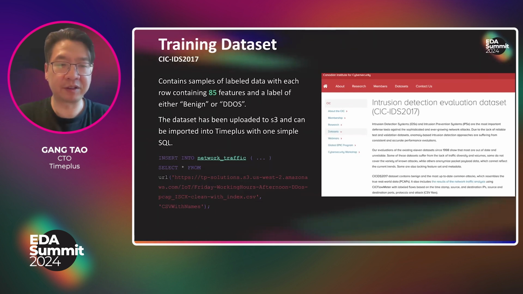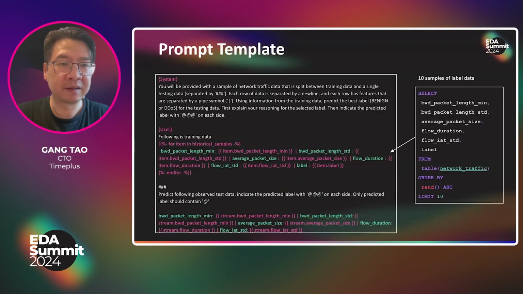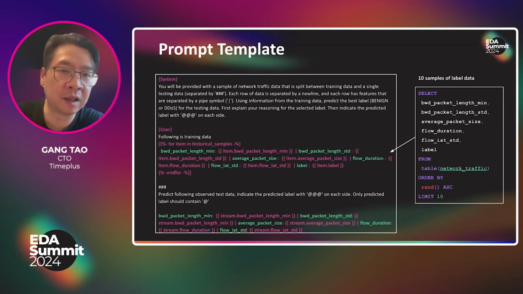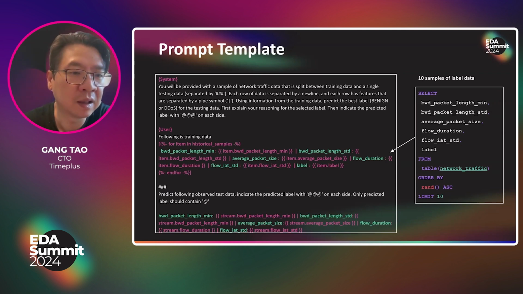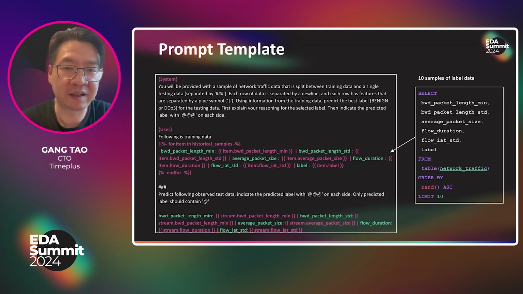Now that we have this data set, how can we leverage it to build a DDoS detector? We leverage a few-shot prompt, like I mentioned, and this prompt contains several parts. The first part is the system prompt. It says you will be provided with a sample of network traffic data, split between training data and a single test data, separated by those symbols.